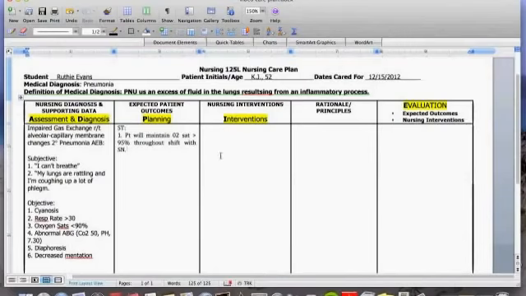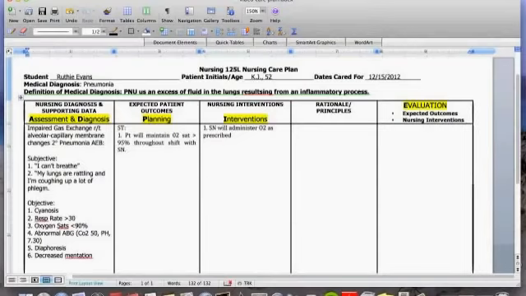So, okay, well, that's great. I got this patient that I want to keep above 95%, so how am I going to do that? Well, that's when we're going to put in our interventions. So what I do is I just kind of number these, and here's my intervention for number 1. So student nurse will administer oxygen as prescribed, because we all know that oxygen needs to be prescribed by the physician or the provider.